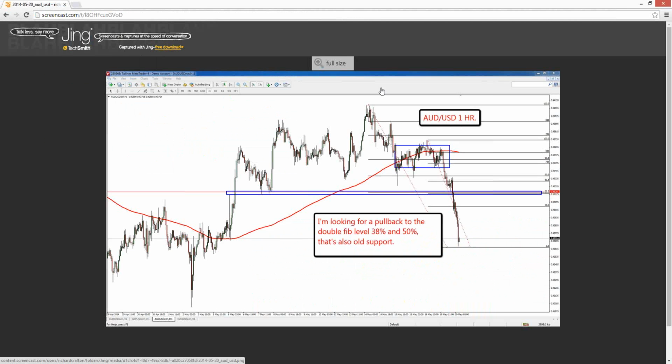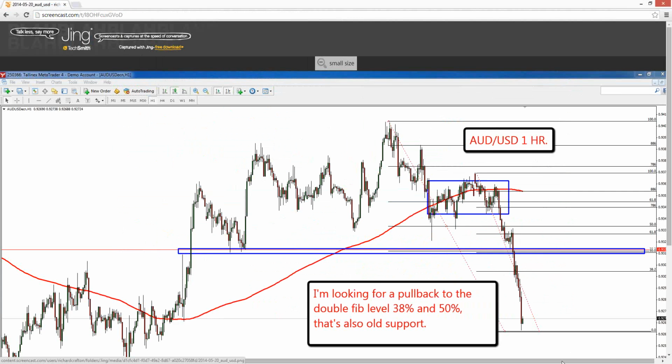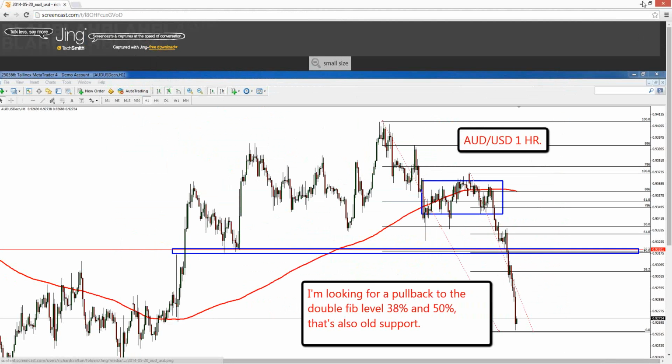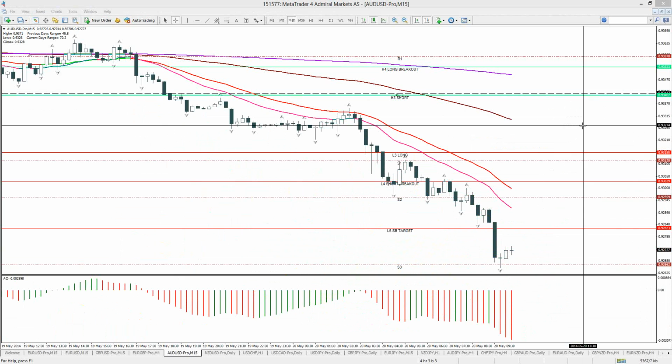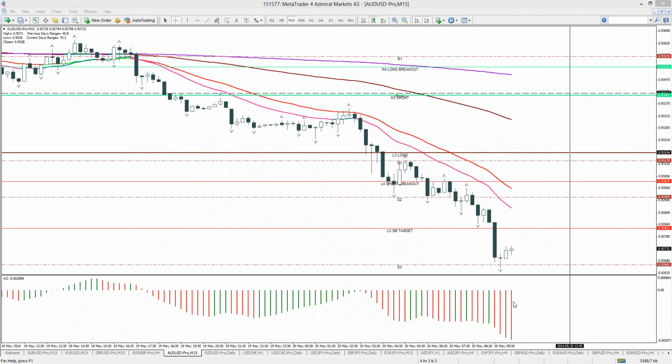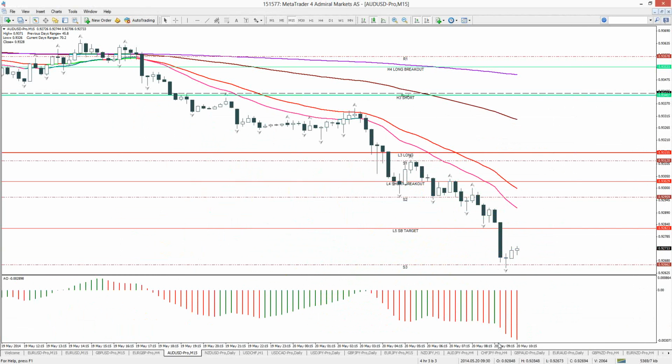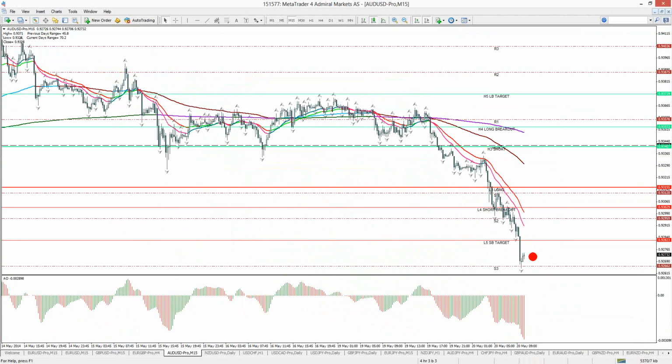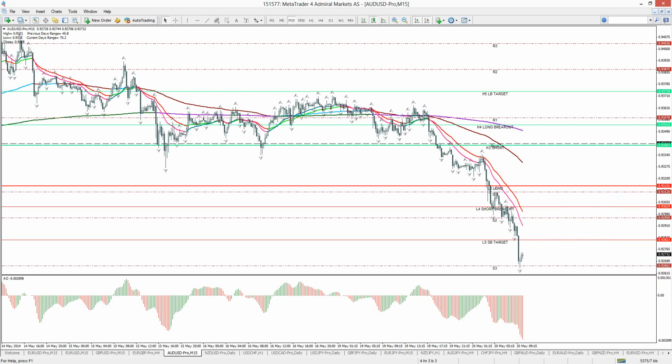The fibs are coming in at 93.20. There's an L3 long at 93.15. So there could be maybe indeed 40 pips to the upside before you hit that resistance, and then there could be maybe downside there. So that's something that definitely could happen.